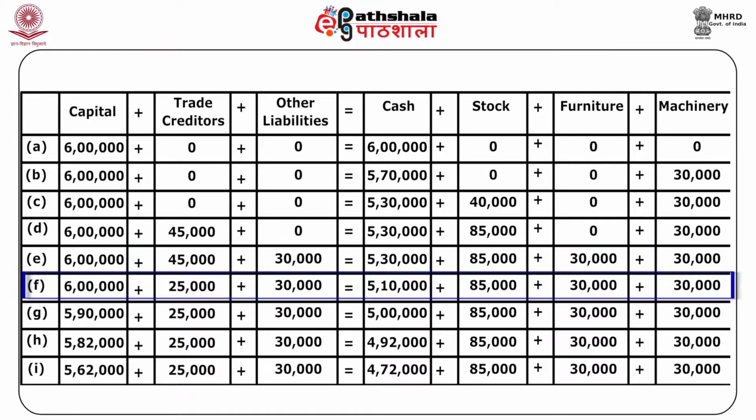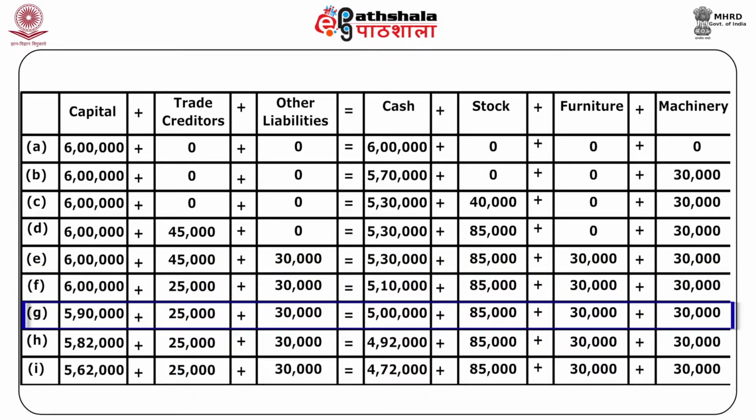On F part, we have 6 lakh of capital plus 25,000 of creditors plus 30,000 liabilities, which will give you 5,10,000 of cash plus 85,000 of stock plus 30,000 of furniture plus 30,000 of machinery.